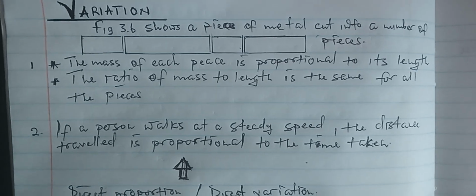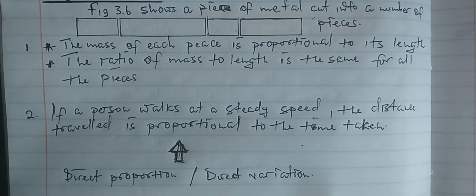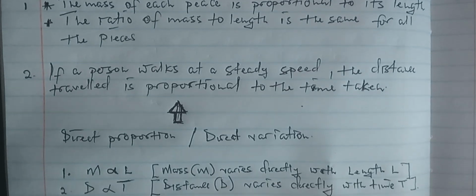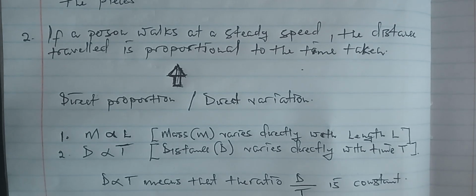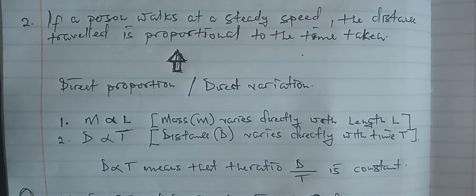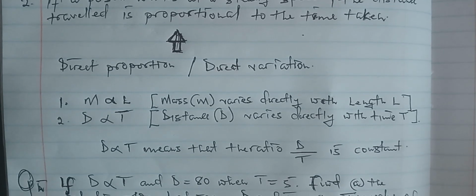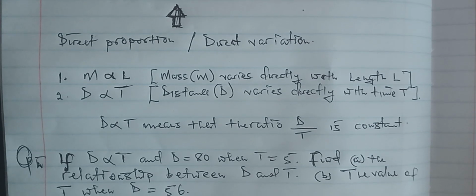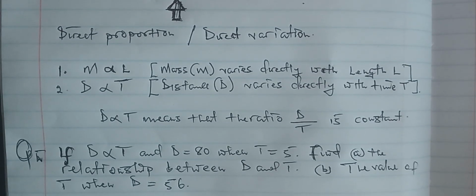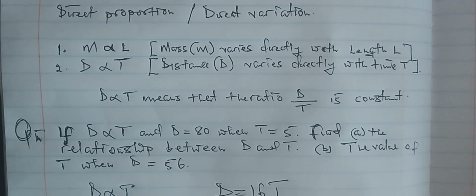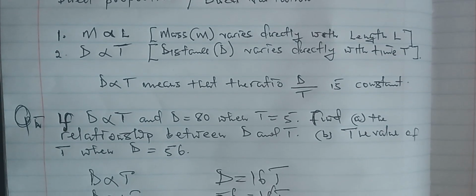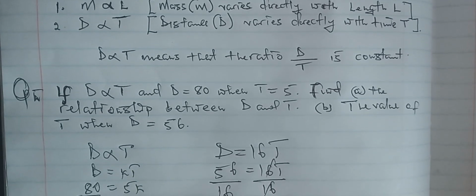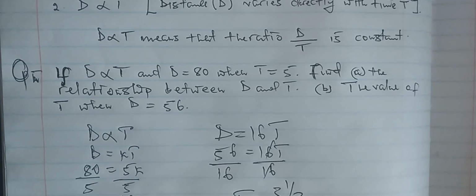If you look at those two statements first, you understand what we call direct variation, and then going further we will be introduced to the signs that are used in direct variation and the statements that you can deduce from those variations to create equations, and then solve for any value that might be required, so that you can see the relationship between 2 or 3 variables. So this is basically what we call direct variation.